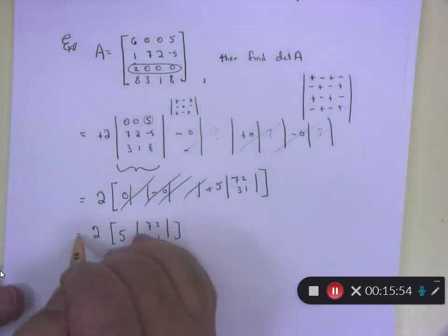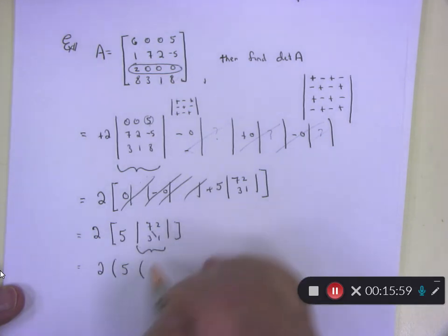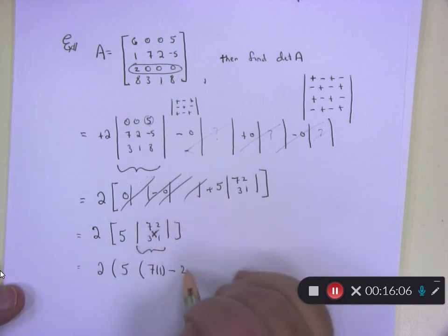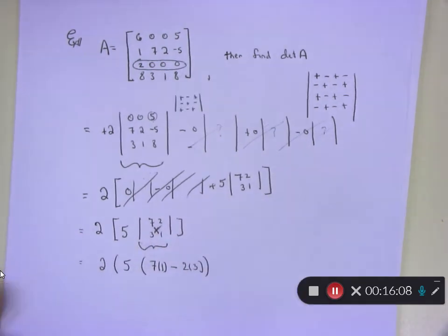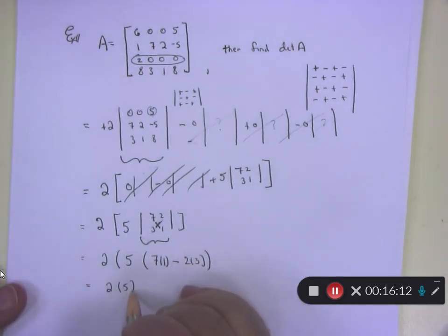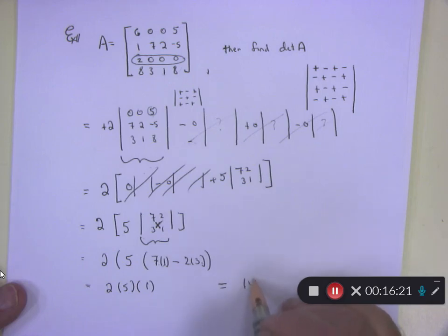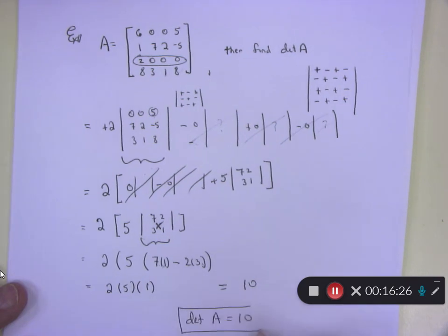So this becomes 2 times 5 times (7 times 1 is 7, minus 2 times 3, which is 6). 7 minus 6 is 1. So what is my answer? 2 times 5 times 1, 10. The determinant of A is equal to 10.